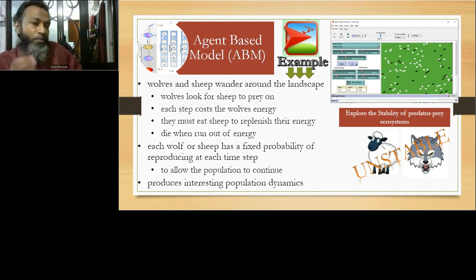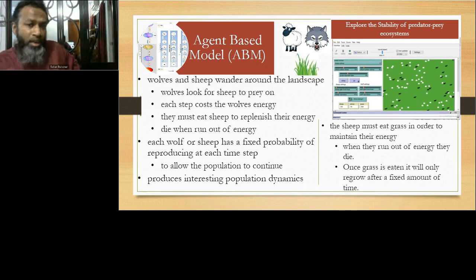Interestingly, this particular model, with this set of rules, is unstable. To make it stable, we need to introduce more rules, related to the grass. If we add that the sheep have to eat grass and the grass needs to be replenished, then the ecosystem becomes stable, and we can get interesting and useful information from the model.